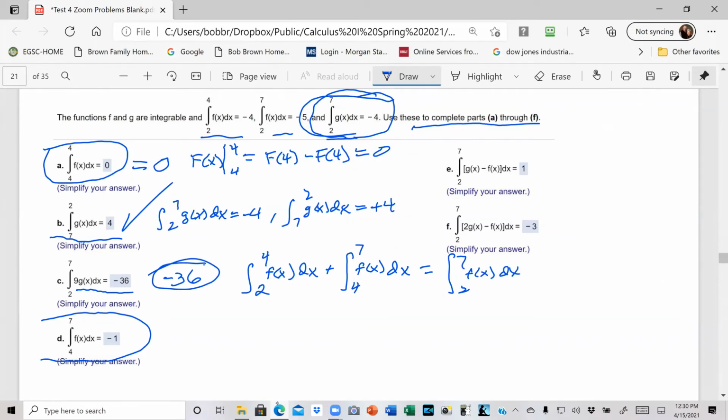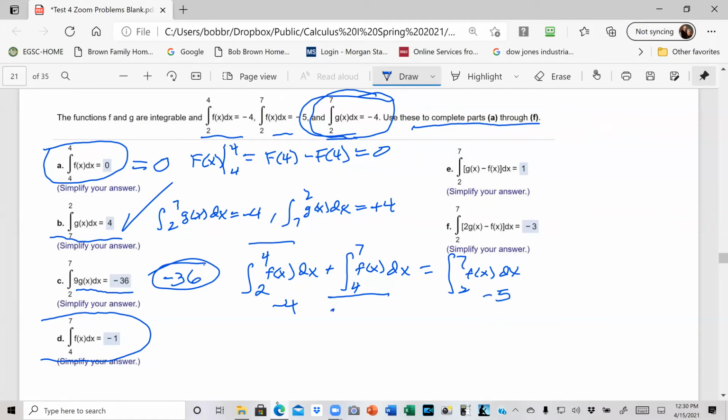Now we're given that this integral is minus 4. And this integral from 4 to 7, which is what we want to find, and then the integral from 2 to 7 is equal to minus 5.